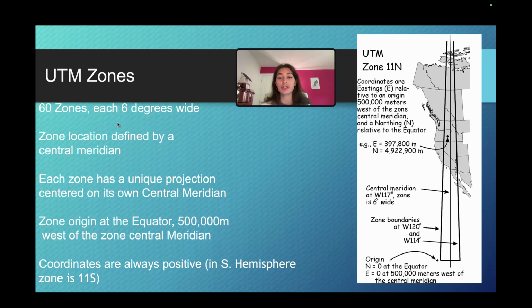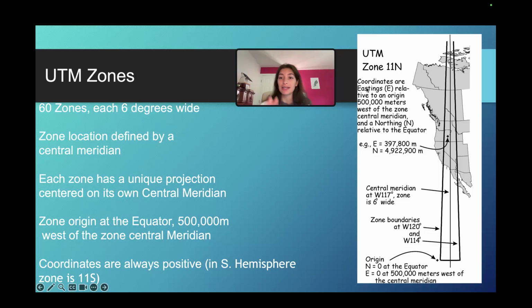There are 60 zones, each about 6 degrees wide. You can see that from the top to the bottom, within that measure of degrees wide, there's still distortion. Each of those zones has a unique projection, centered on its own central meridian. Coordinates are always positive. In this case, you can see here we have zone 11N.